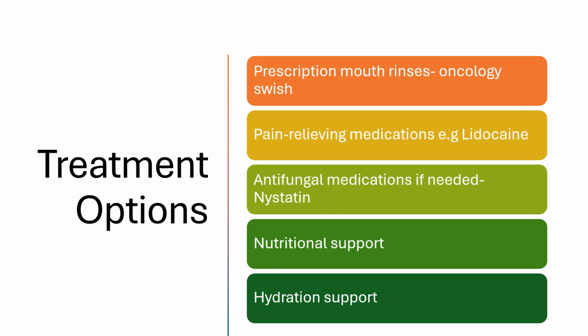So it's very important for you to stay well hydrated and increase nutrition, and it's good to start this earlier on before even pursuing chemotherapy treatment. So these are the treatment options that we have for mouth sores.